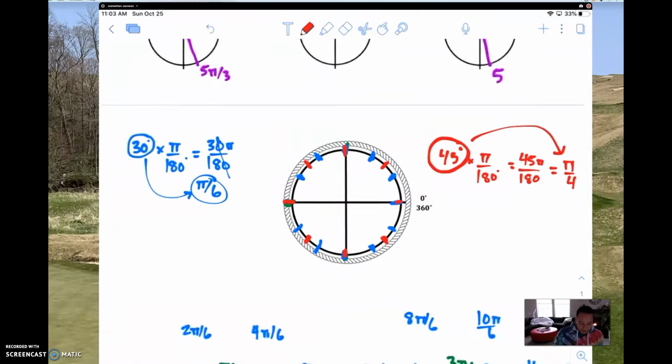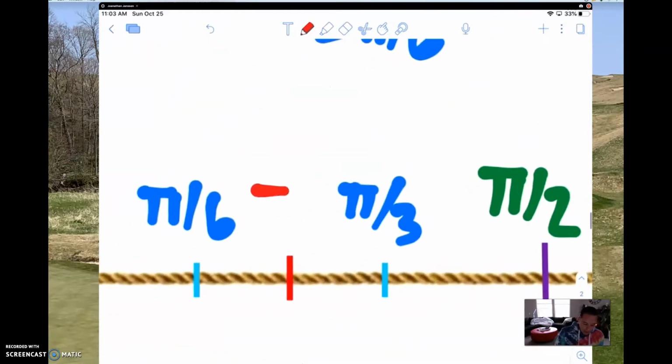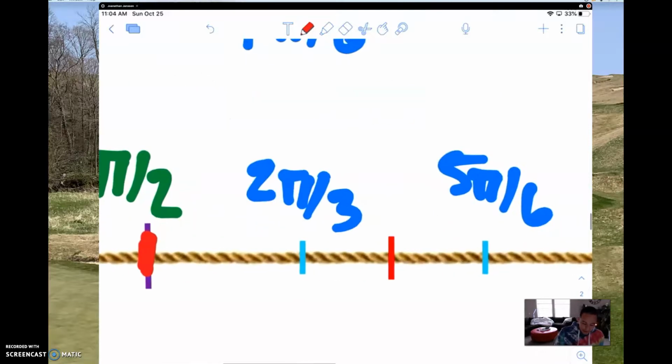So at 45 degrees, we had 1 pi over 4. Sorry, that got messy. So that was at 45 degrees. Then we're at 2 pi over 4, which reduced, and we already have that one. Then the next one we're going to be at 3 pi over 4.